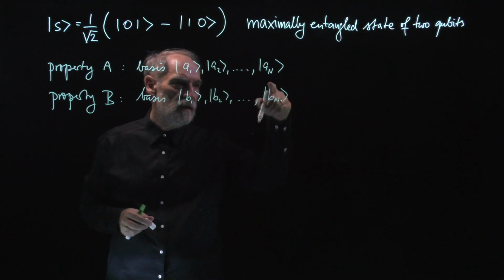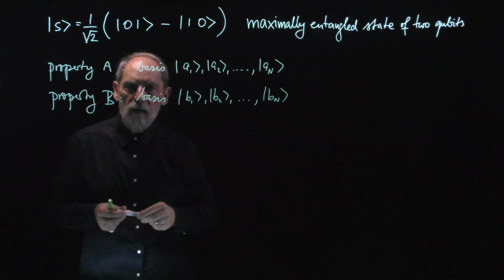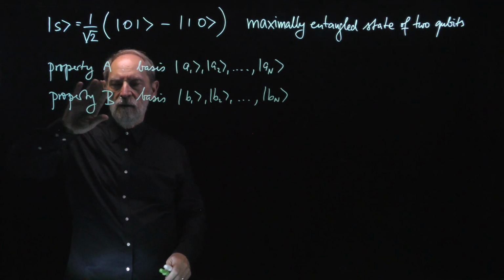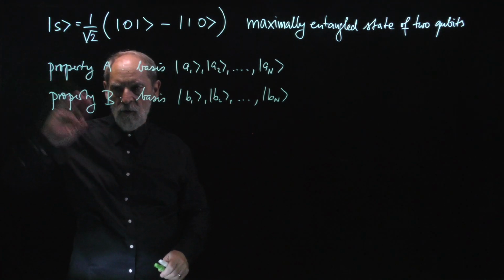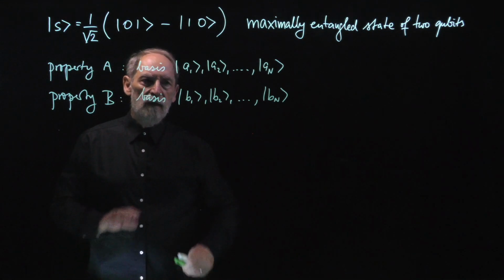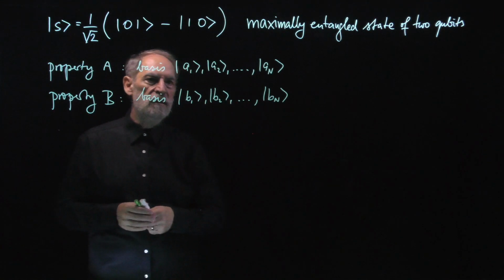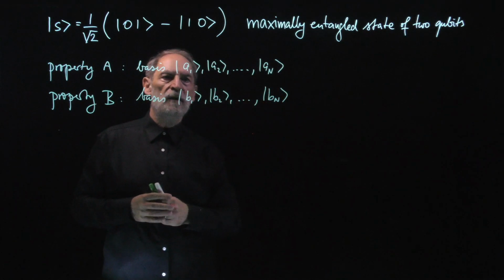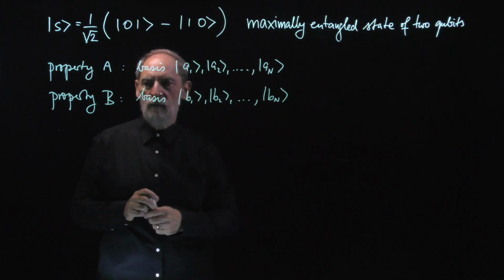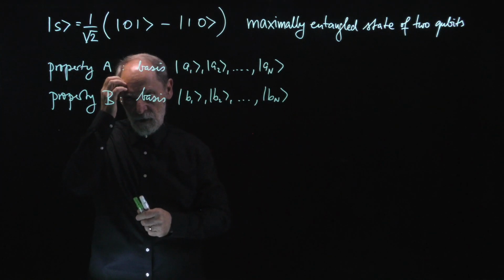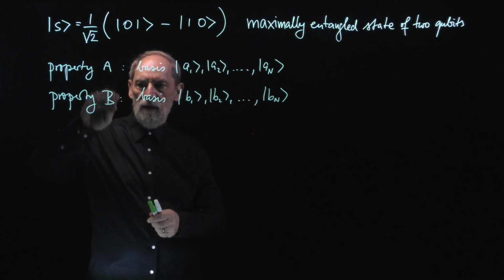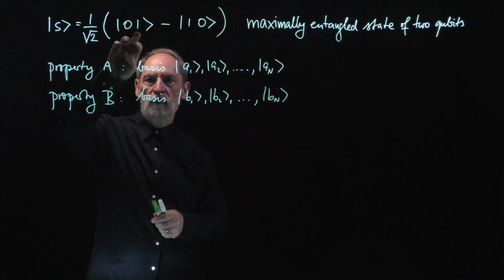And for simplicity, I will assume that the n is the same. So although property A is a property of one physical object and property B is a property of a different physical object, there should be similar properties in the sense that there are n different outcomes at most of a measurement of property A, and there are also n different outcomes at most if I measure property B in the other system. So the properties A and B are like described by the 0 and 1.